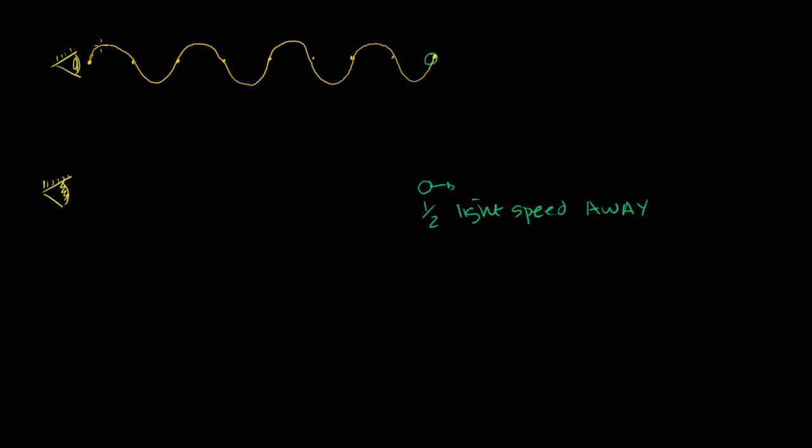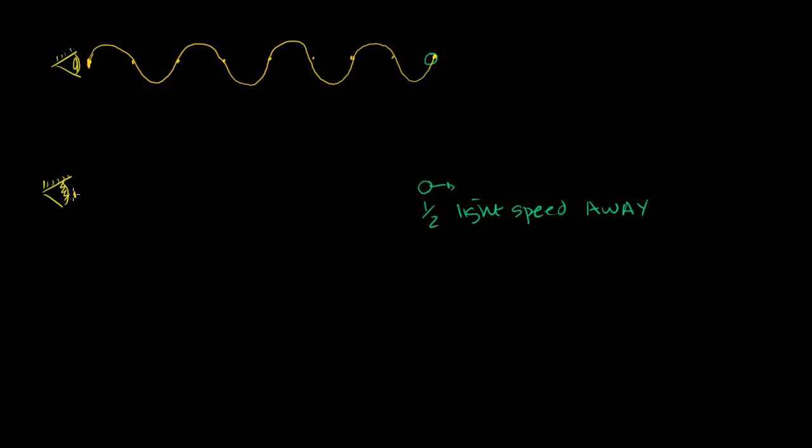Now let's think about what's going to happen with this source. The first thing is that the front of the waveform is going to reach me at the exact same time. One of those neat and amazing things about light traveling, especially in a vacuum, is that it doesn't matter that this is moving away from me at half the speed of light. The light will still move towards me at the speed of light. It's absolute. It doesn't matter if this is going away at 0.9 the speed of light.